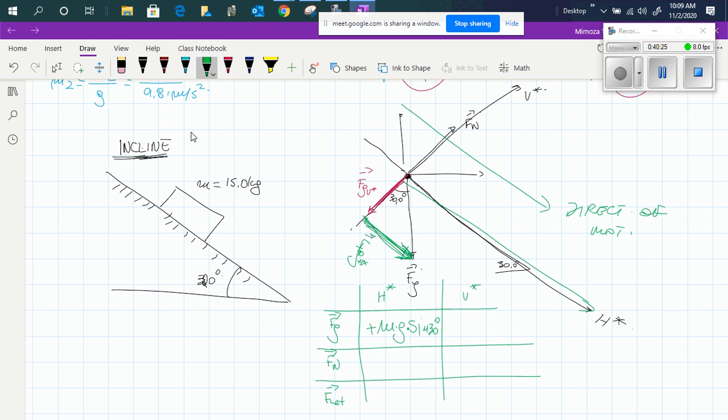And the vertical component of force of gravity will be negative because it is in the opposite direction of the positive vertical axis, and will be mass of the object times acceleration due to gravity times cosine 30.